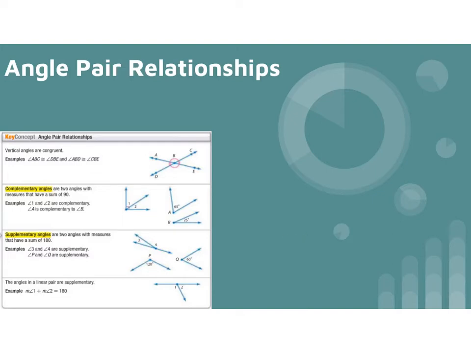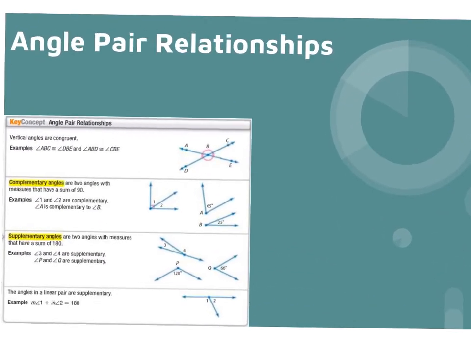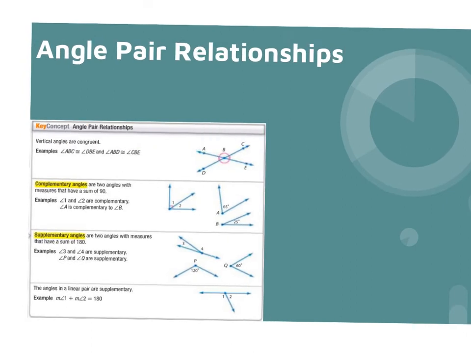The next angle pair relationship that we're going to look at is complementary angles. Complementary angles are 2 angles with measures that have a sum of 90, meaning when combined, they create a right angle.